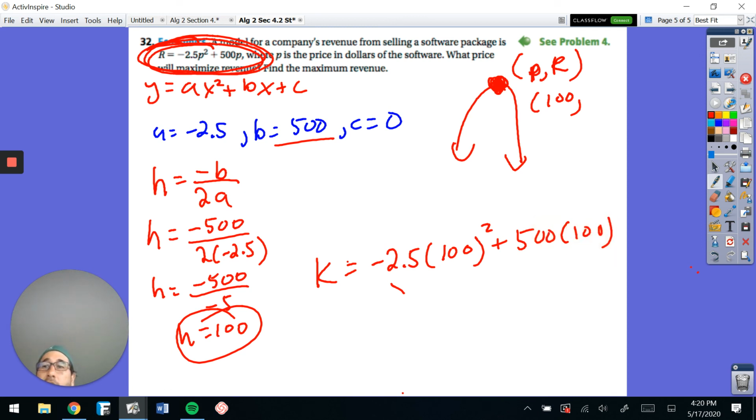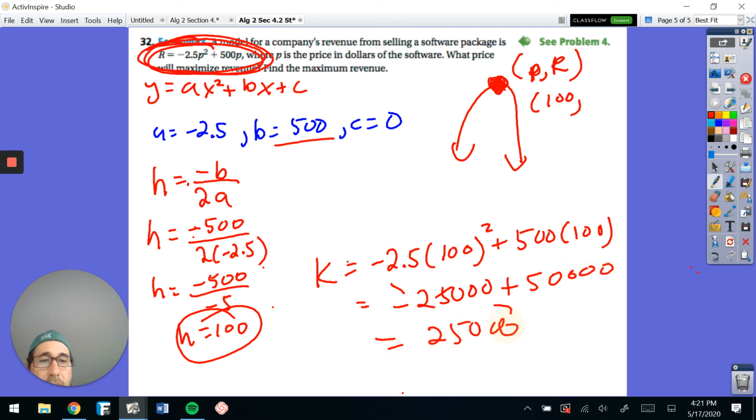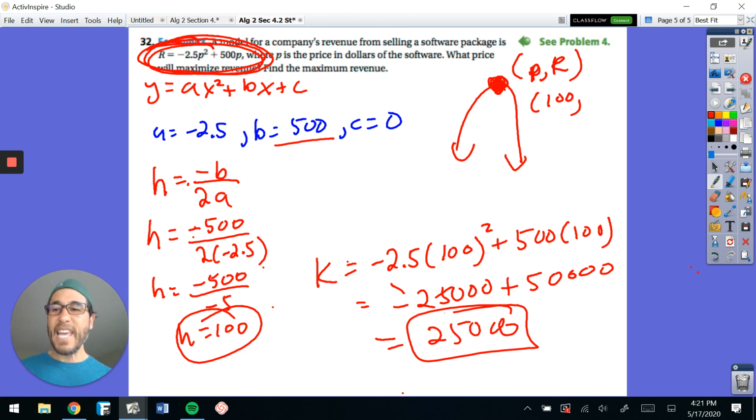And that's it. And to do that, believe it or not, all you have to use is your calculators. And when I plug that into my calculator, I get negative 25,000 plus 50,000 equals 25,000. So make sure whenever you do word problems, you always answer it as a sentence.